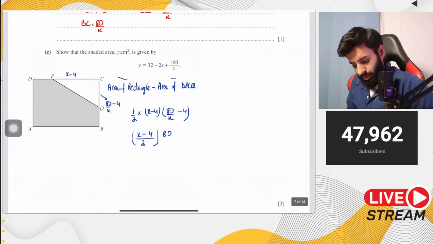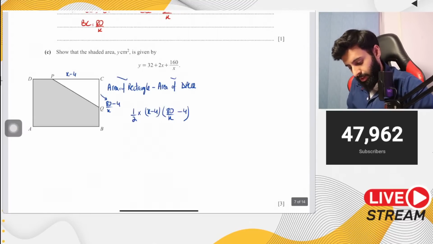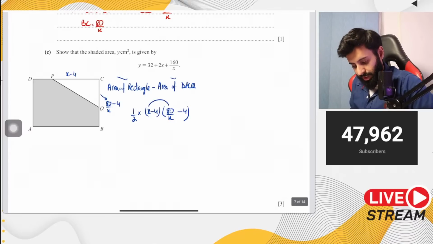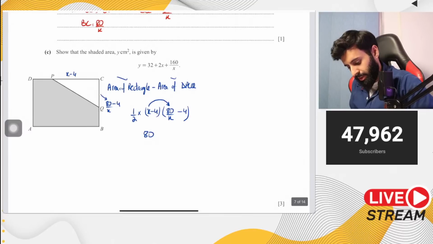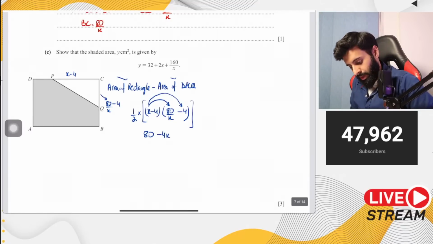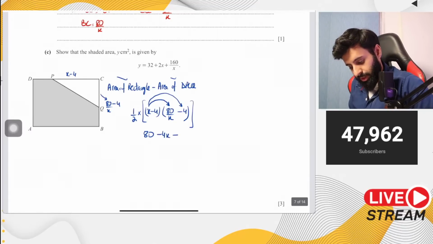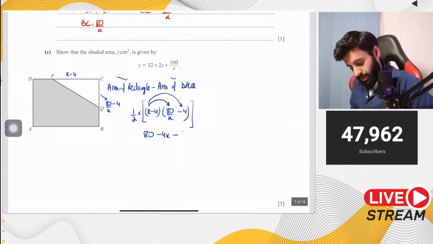Let's do one thing: multiply this x with this bracket. So 80 upon x into x will be 80. I'm just expanding the bracket first. And then when you multiply by minus 4, that's going to be minus 4x. And then minus 4 into 80 will be minus 320 upon x. And then minus 4 into minus 4 will be plus 16.